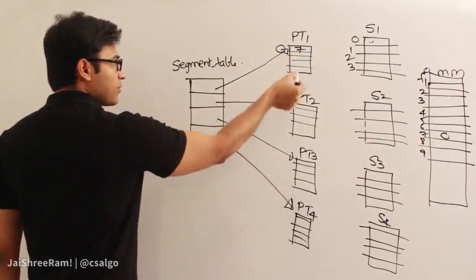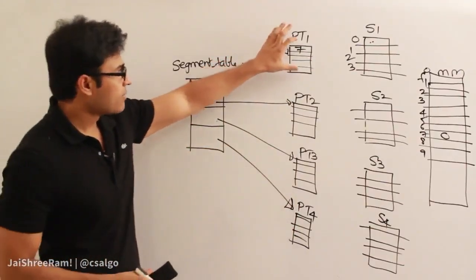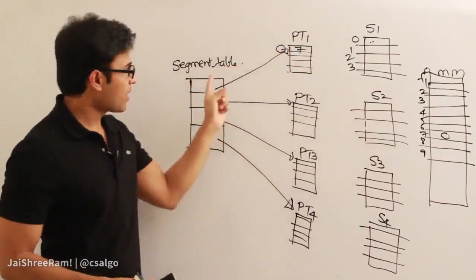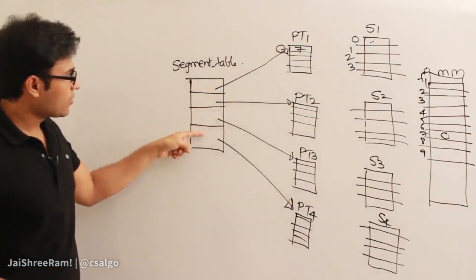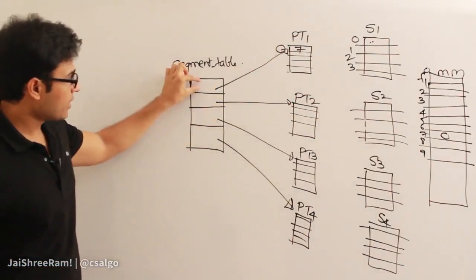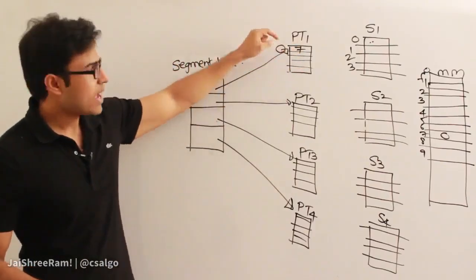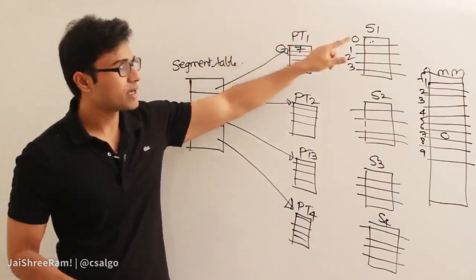Even though I am talking about directly pointing to the page table, what this means is that this PT1 is in one of the frames in the main memory, and we are pointing to the frame. Therefore, the segment table entries contain the frame numbers in which that particular page table is present, and page tables contain the frame numbers in which that particular page is present.